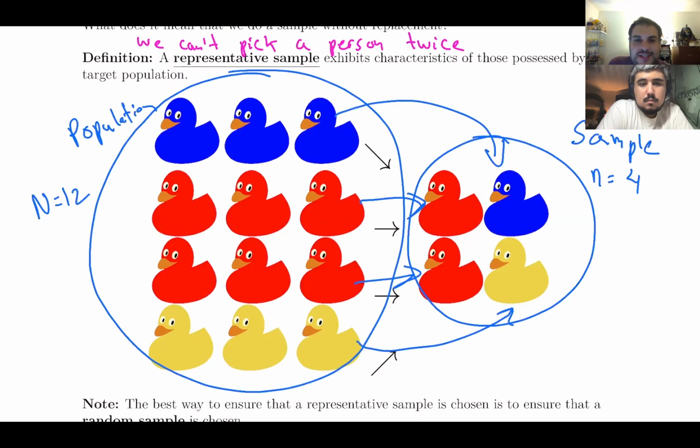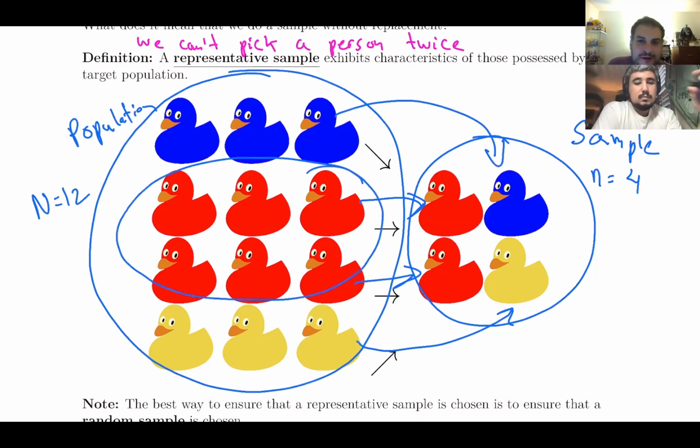Cool. So if you look at the red ducks, why do you think the red ducks have more ducks in the sample? Yeah, because you have a bigger population of red ducks. Naturally, that's going to reflect in the sample because not all of these ducks are equally distributed.